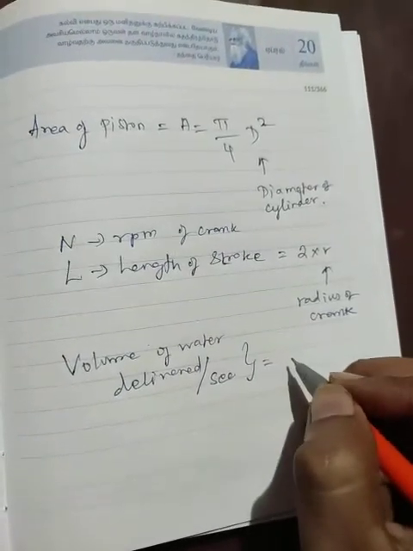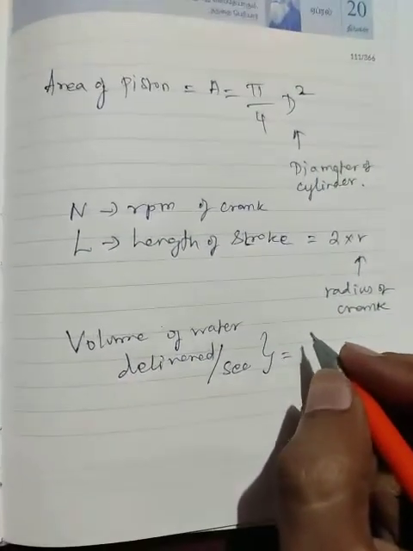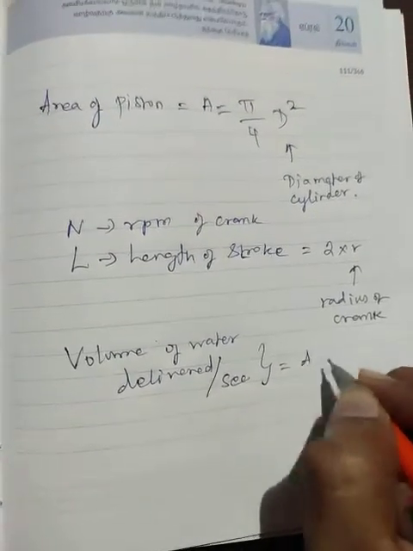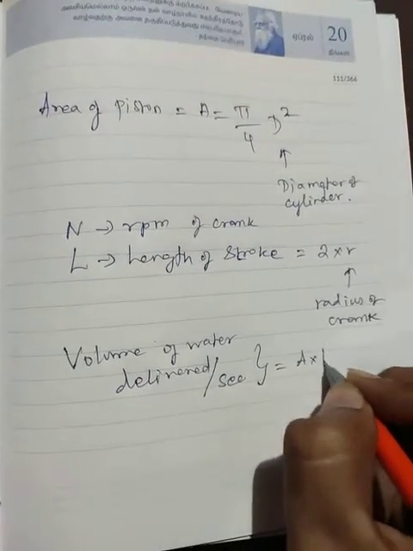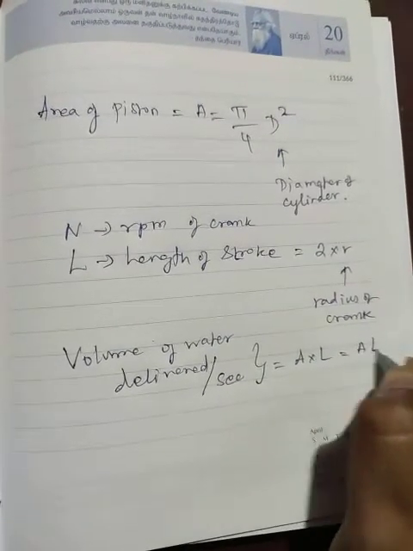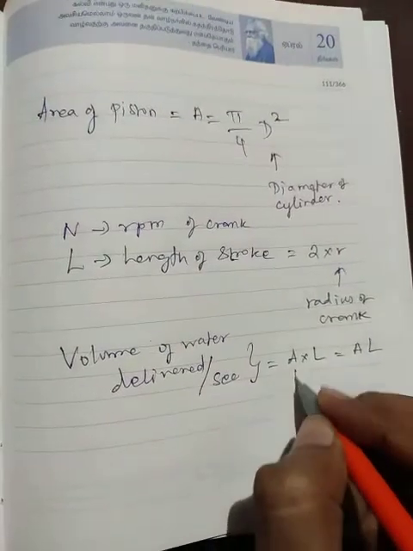This is the cylindrical volume formula, area multiplied by length. The area we can calculate from pi by 4 d square, and the length L is the stroke length.